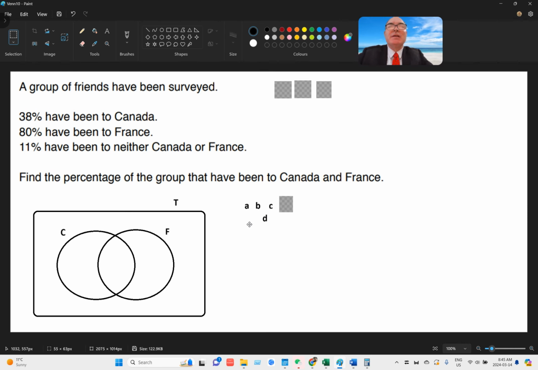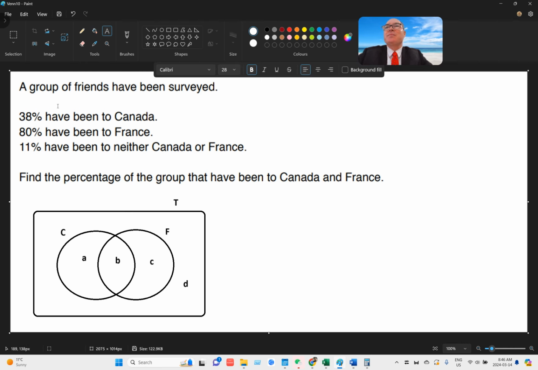D is going to be down here. C, you need to be here. B, you need to be over here. And A, you need to be over here. All right. Now let's fill in my gaps here.